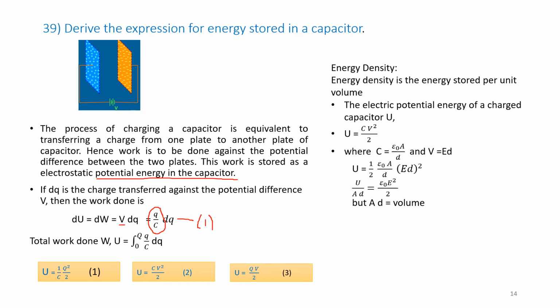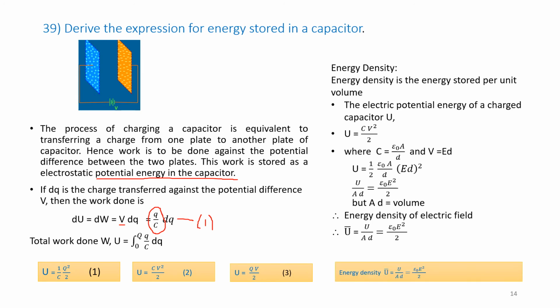But Ad is volume, therefore the energy density of the electric field, which is defined as energy stored per unit volume, is U bar equal to U divided by Ad, that is equal to epsilon naught E square by 2.